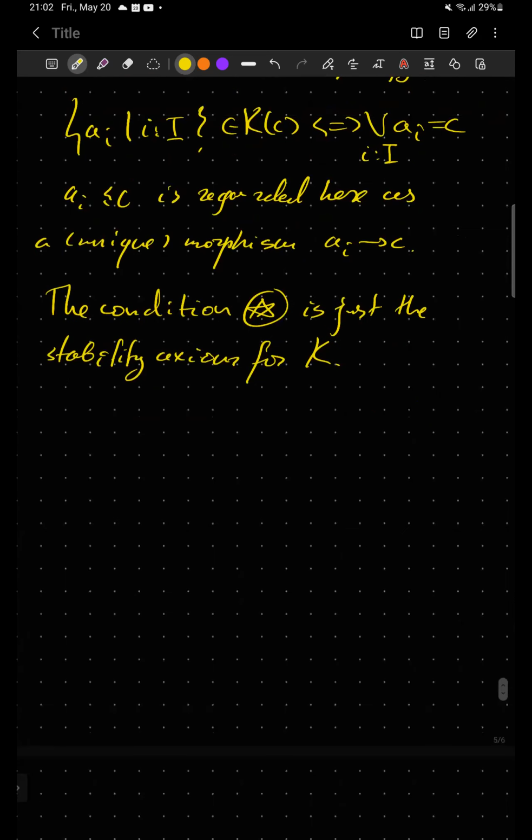Well, a sieve is just an ideal in this category, and since it is a lattice, it has a particularly nice description.